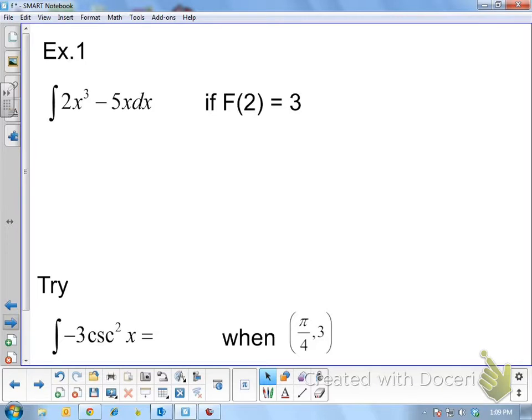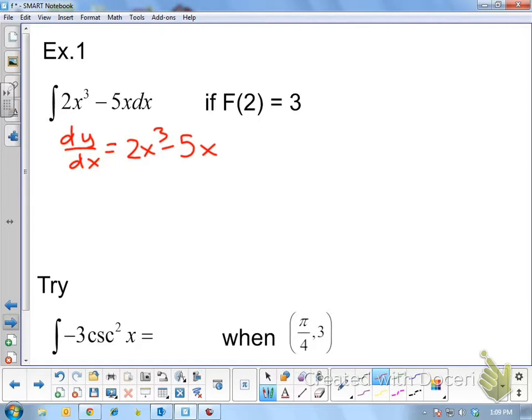But I could also start it out without an integral symbol at all. Just a second way to present this, I could say dy dx is 2x cubed minus 5x, and, hold on, I want to make sure I present this the same way as the homework. y of 2 is 3.